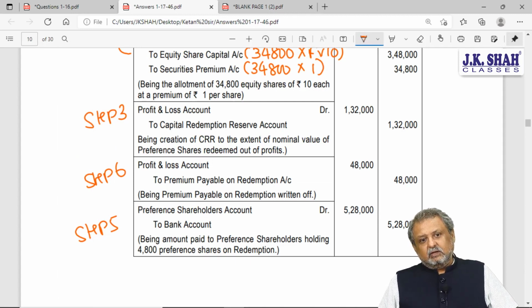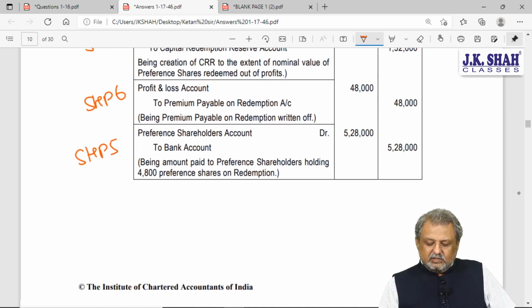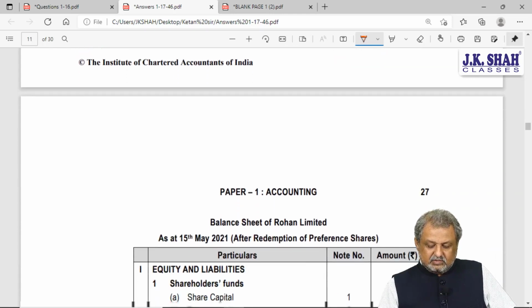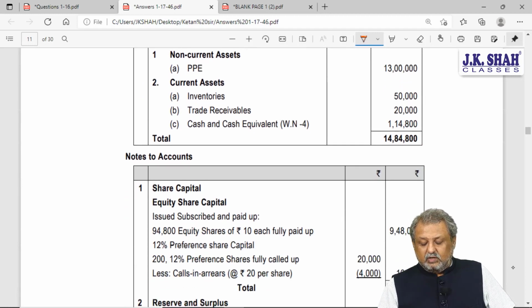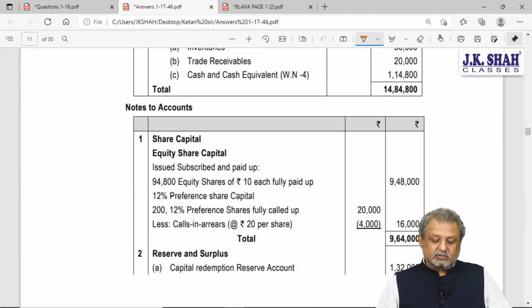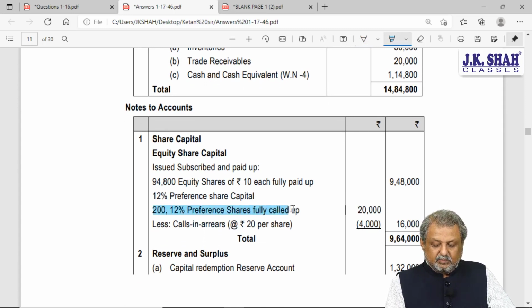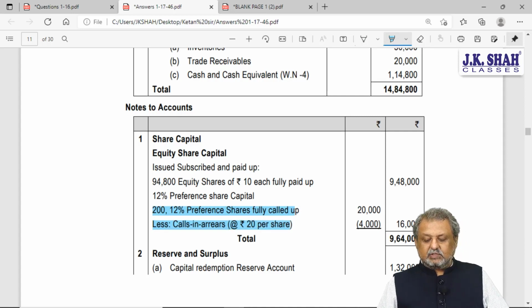Basically, if you write the entries as per order, it gives a good impression. Anyways, but all transactions must be recorded. That is the point. Now after the journal entries, you know how to prepare the balance sheet. But in that balance sheet, remember that 200 preference shares will be coming as it is. We have not redeemed them. We have not done anything as per instruction in question.